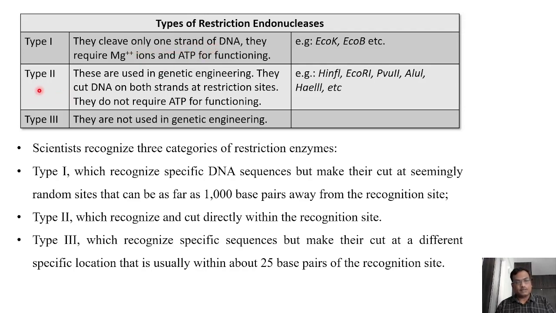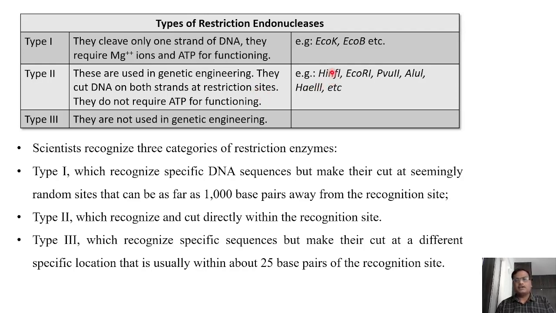Whereas type 2 enzymes, these are used in genetic engineering. The restriction endonuclease enzymes which are used in genetic engineering are mostly type 2 enzymes, and they cut DNA on both the strands at restriction sites, and they do not require ATP for functioning. This is very important.